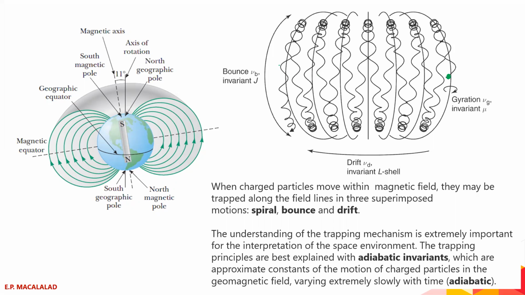If the magnetic field is in this direction, the curvature drift of this particle, if this is the direction of the magnetic field, and the drift of this particle is in this direction, this particle should be positive.